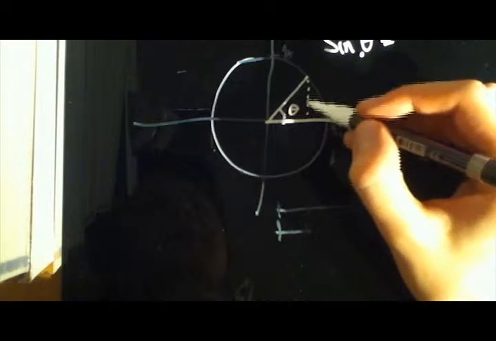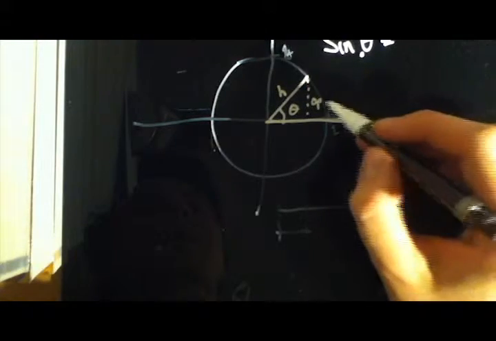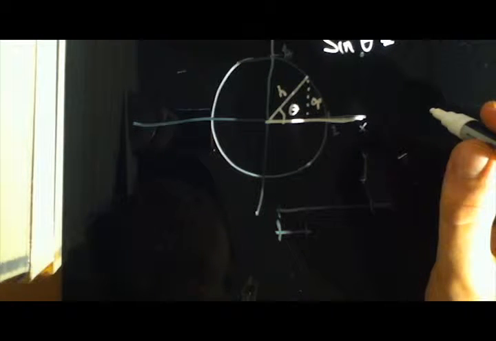So now, the sine of theta. This is opposite, which is this side, over hypotenuse, which is this side right here. So this is the hypotenuse, and this is the opposite. So it's opposite over hypotenuse. The hypotenuse in this case is the radius, which is 1.